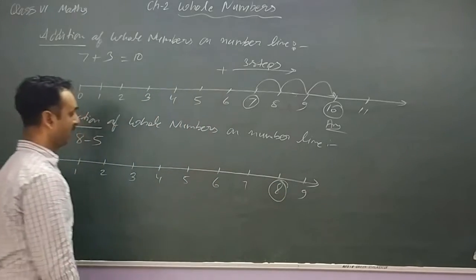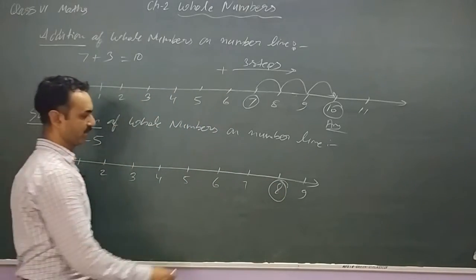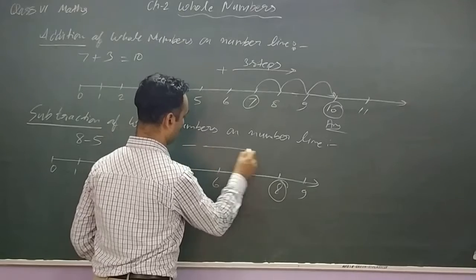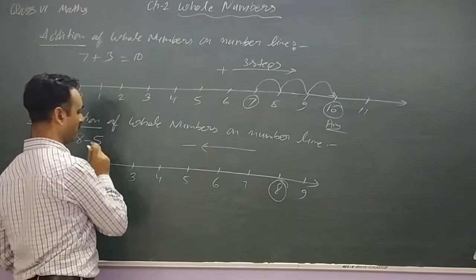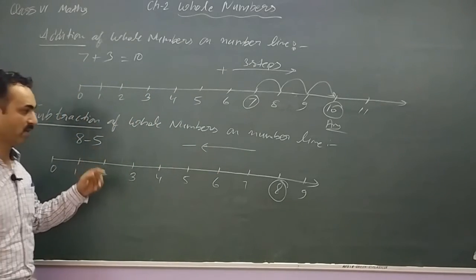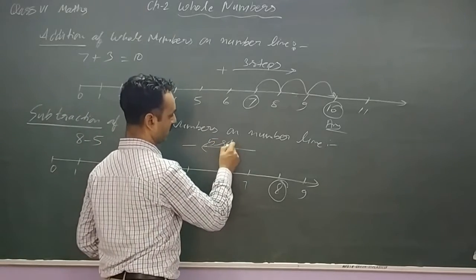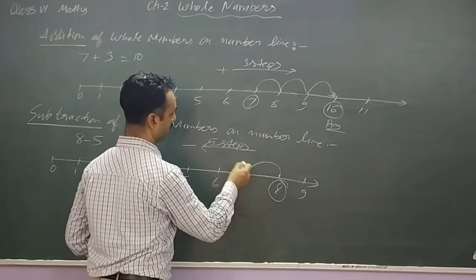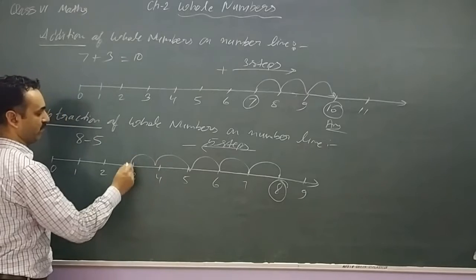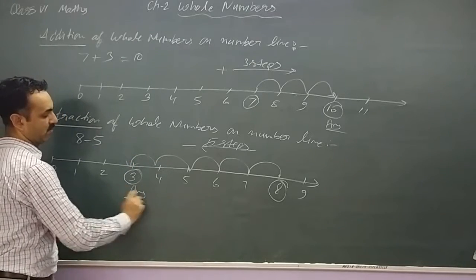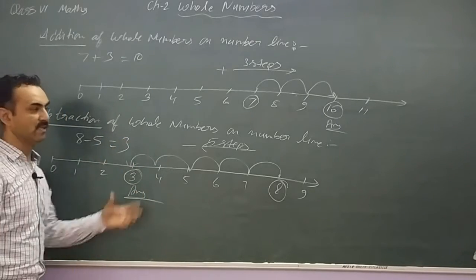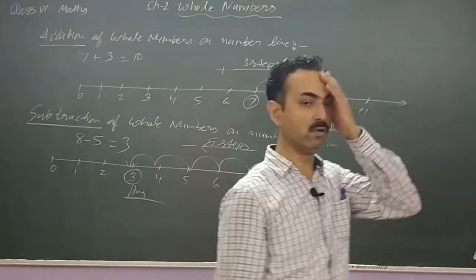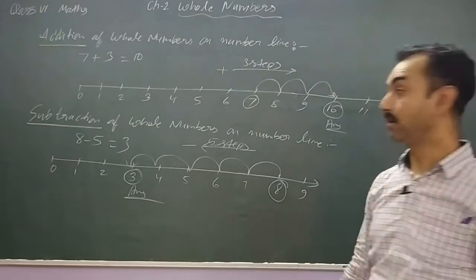We start from 8 because the first number is 8. Minus, so we will go to the left side. We have to subtract 5, so 5 steps: 1, 2, 3, 4, 5. So the answer is 3. In this manner we do subtraction of two whole numbers on the number line.